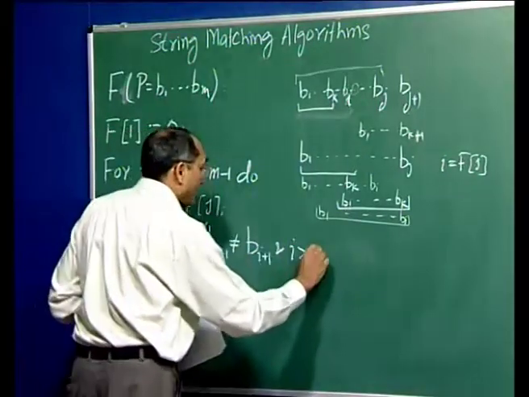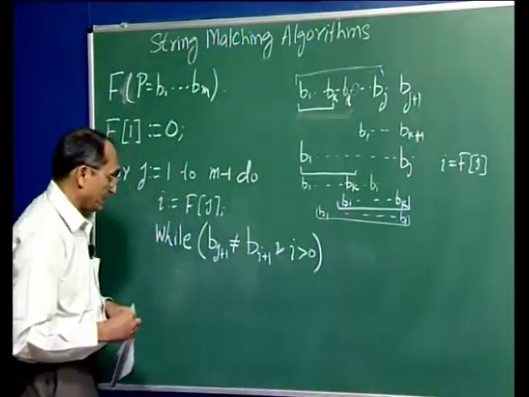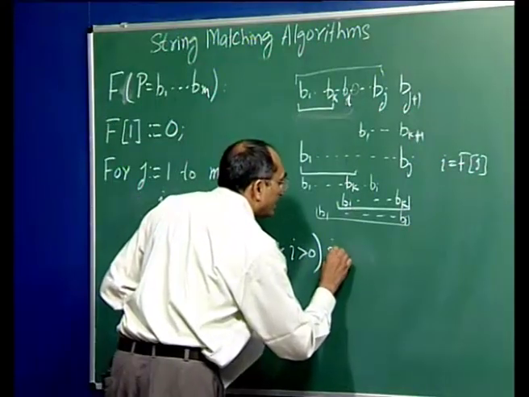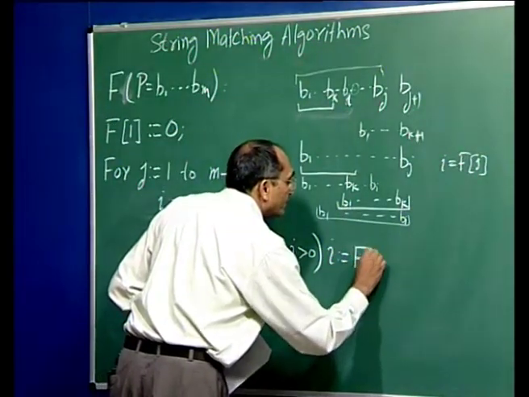As long as it is still positive and not succeeding, we will set I to f of I.